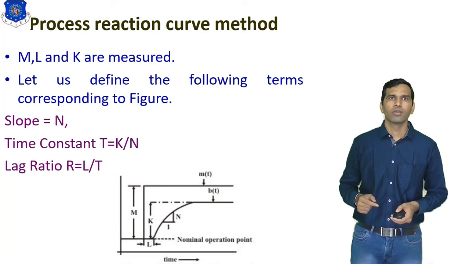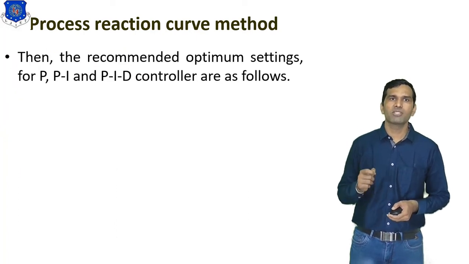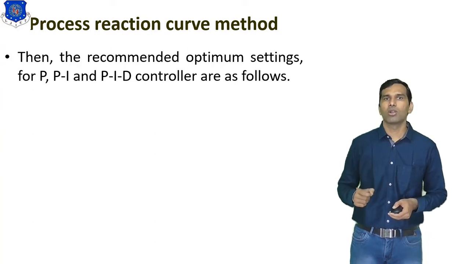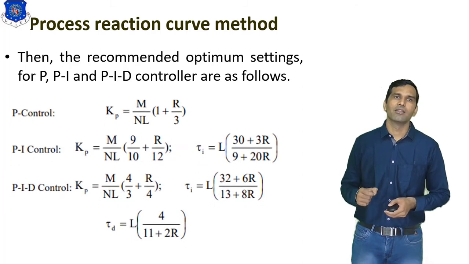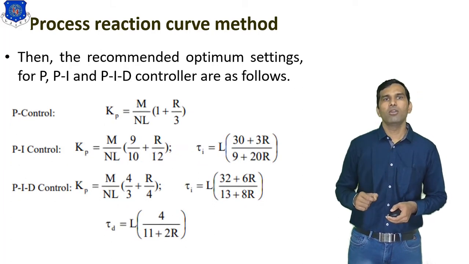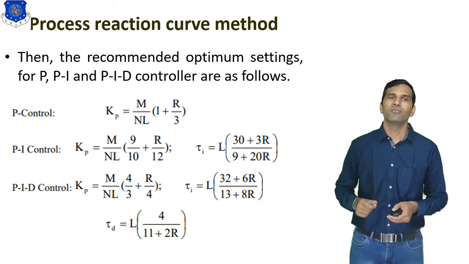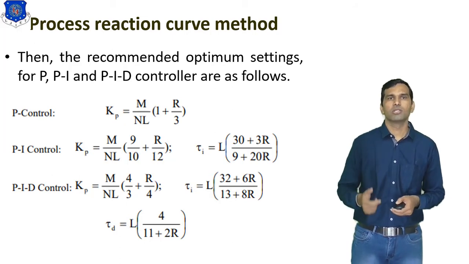Now the recommended optimum settings for the PI and PID controller are as follows. That means we can find the optimum values of Kp for the proportional controller, PI controller and PID controller by using this.